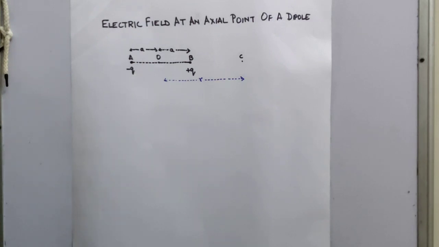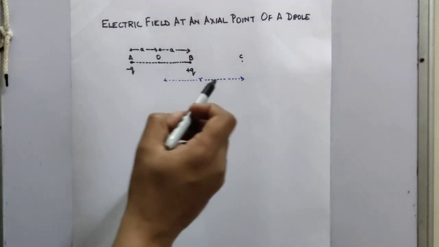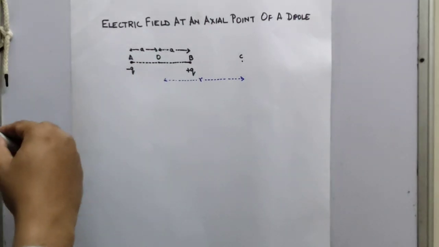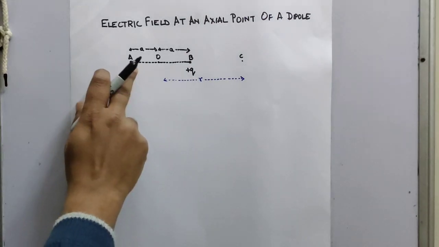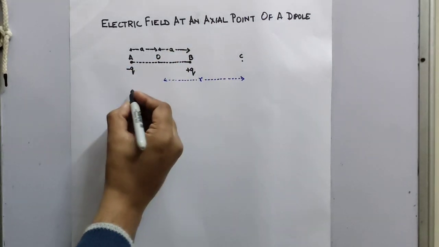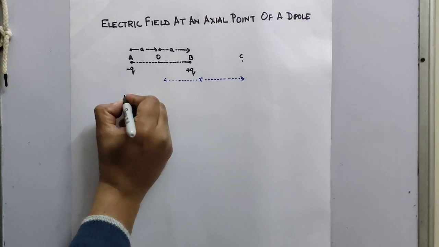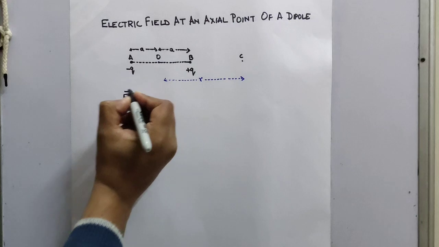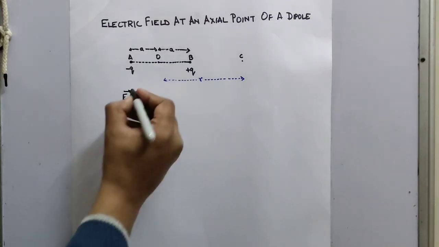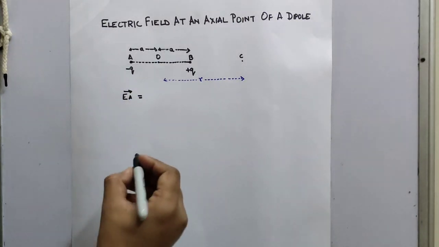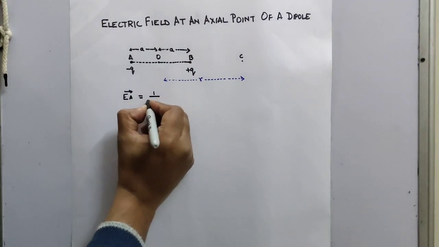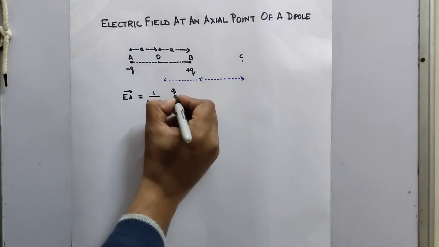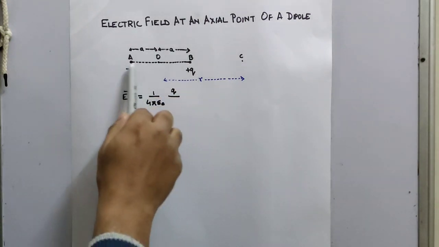Now, at point C, the electric field which will be made will be due to the minus q charge and also due to the plus q charge. So, the electric field due to the minus q charge, say we determine it by EA. Since it's a vector quantity, we will determine it with the EA vector. So, this electric field EA will be 1 upon 4 pi epsilon naught, Q upon the distance square.